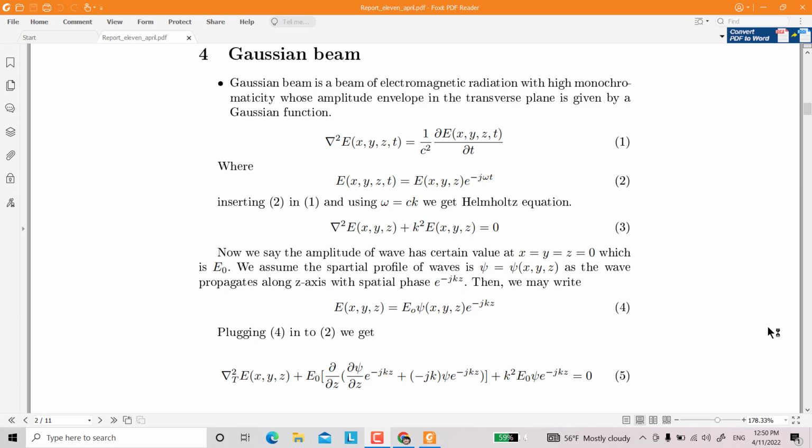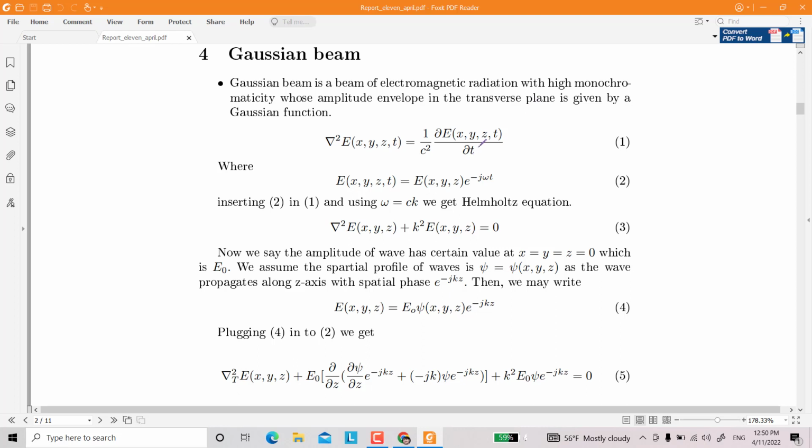Similarly, on the right side we have the time derivative, and of course this is a second order derivative, so there is a square. Fine. So this is the wave equation derived from Maxwell's equations.